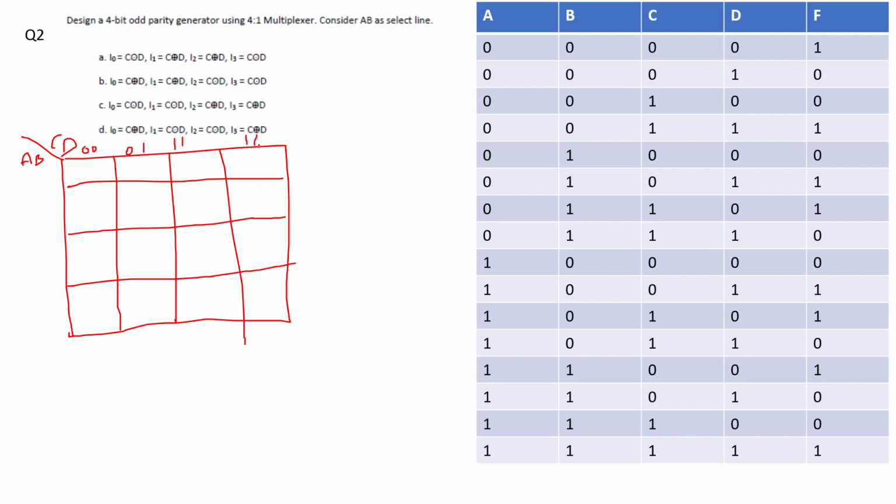Similarly, here it is 0, 0, 0, 1, 1, 1, 1, 0. And if I fill it, it's like this. You can check it. So A and B are my select lines.